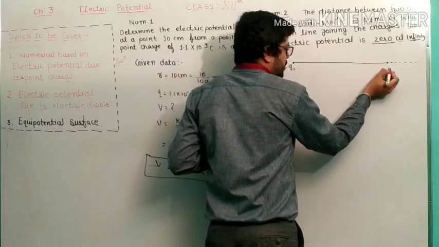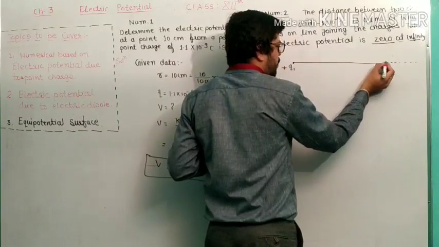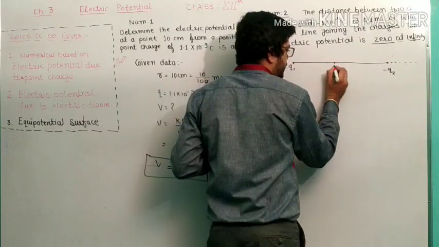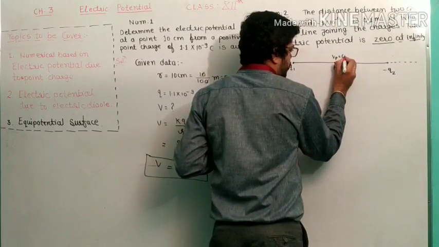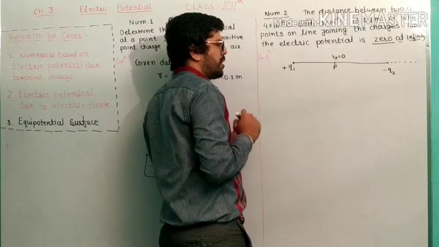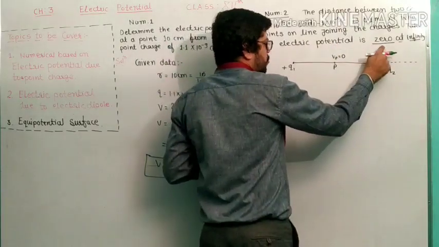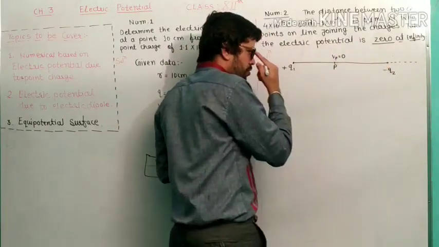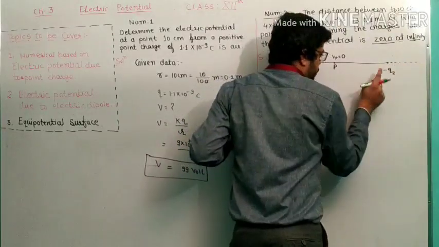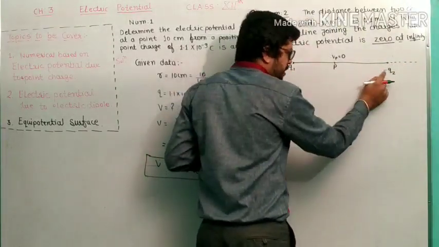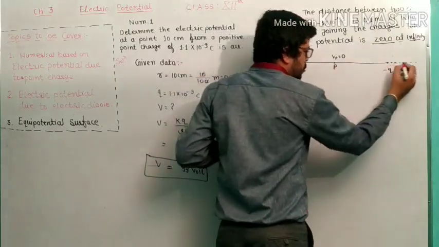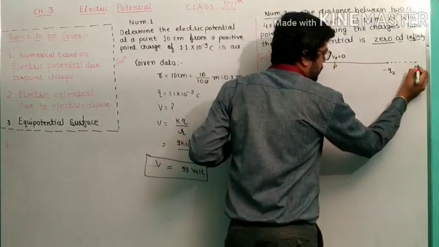So maybe this charge Q is brought from infinity to a definite position at point P, where the electric potential is 0, according to the given condition in the question. If both charges were the same, positive and positive, this point would be P dash.